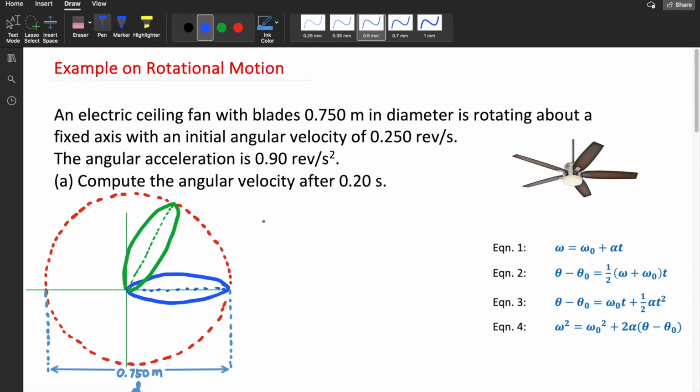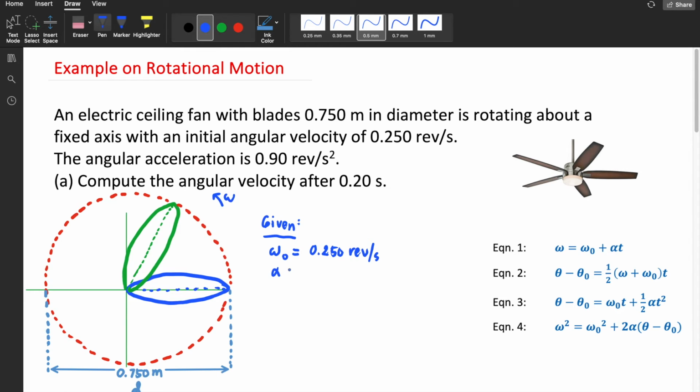So here, let's write down the givens. The initial angular velocity is 0.25 revolutions per second, with the rotation along the direction of the arrow.